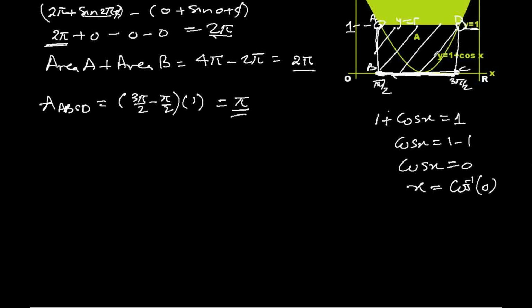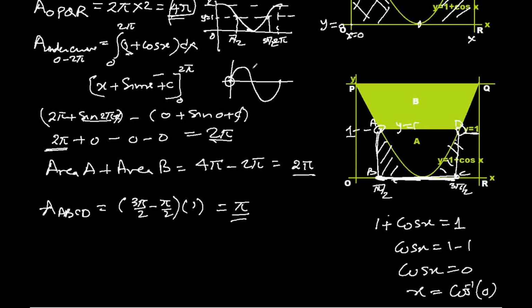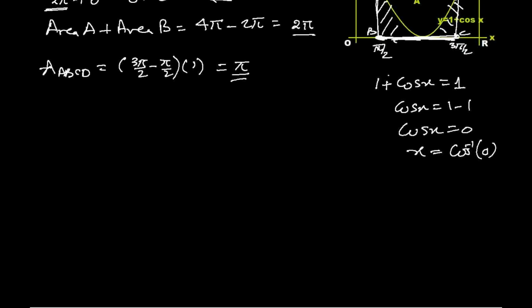But the plan was that we have to subtract the area under the curve from this whole rectangle. So we'll do the same thing we did earlier, and we have already integrated, so we'll use the integrated part, x plus sine x plus c. This is what we will use to get that area.